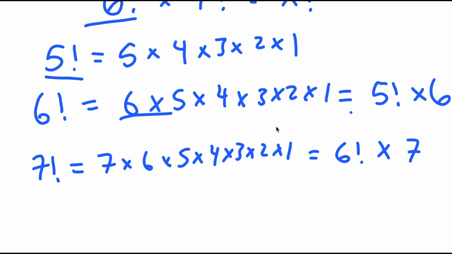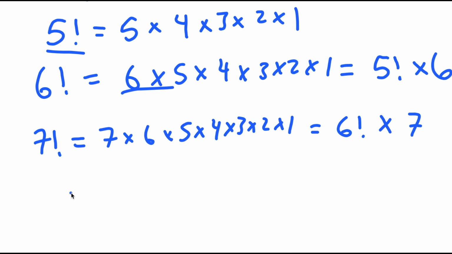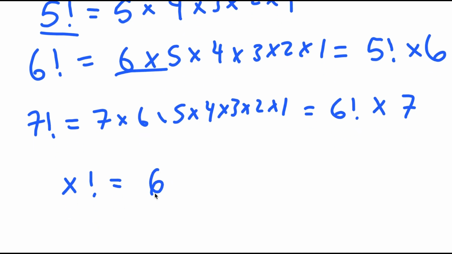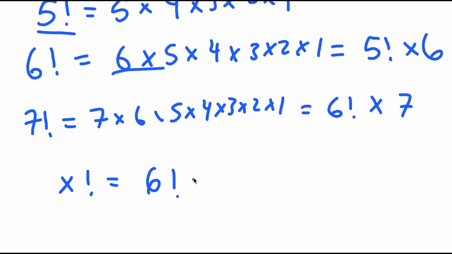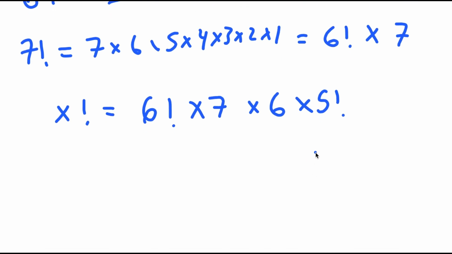So this means that x factorial here is equal to 6 factorial times 7 times 6 times 5 factorial, which again, 6 factorial times 7 is 7 factorial and 5 factorial times 6 is 6 factorial.